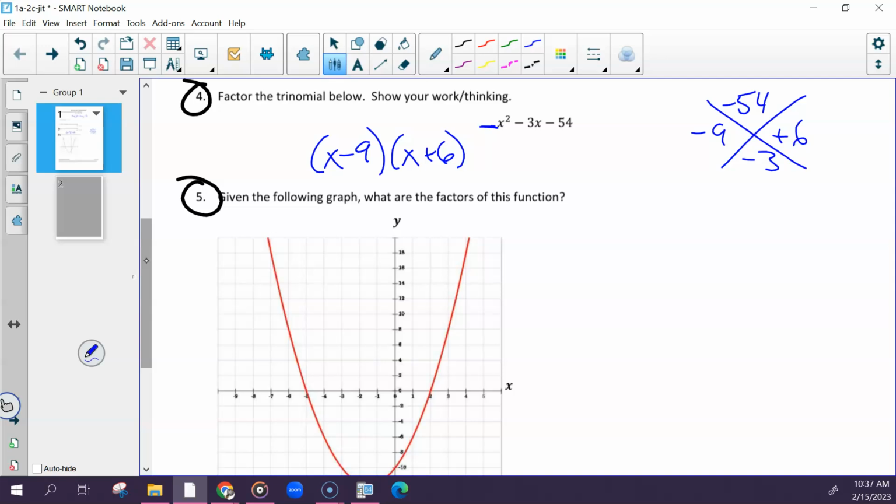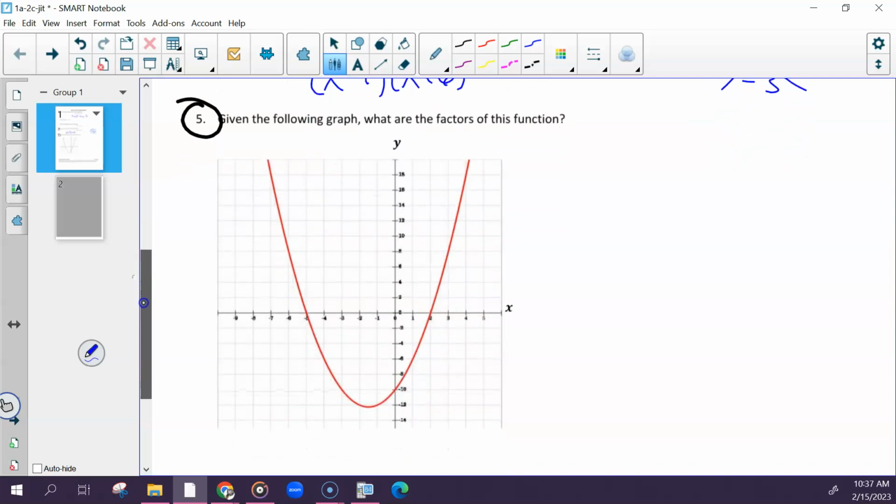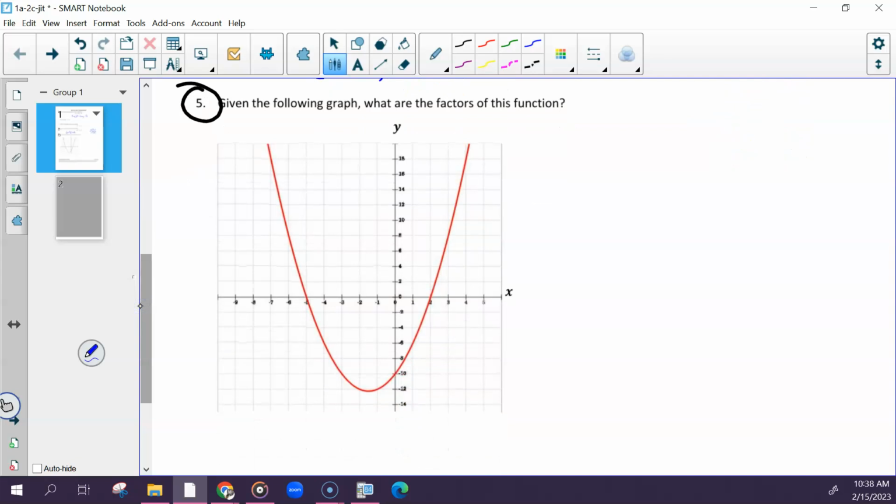Right. And as I mentioned, 5 is a little bit more advanced than our factoring stuff. This is going to be something we talk about next unit. But the factors of this are based on the zeros or x-intercepts of this function. So you would figure out what these are, which is negative 5 and 2.